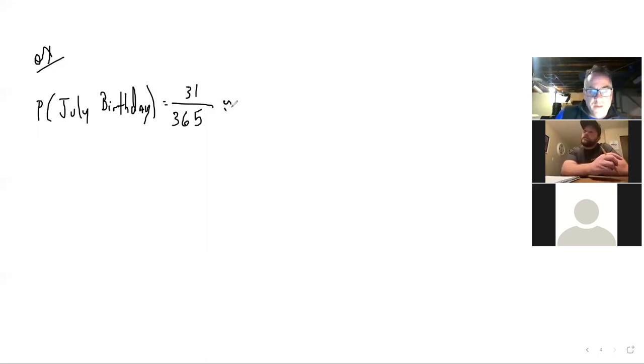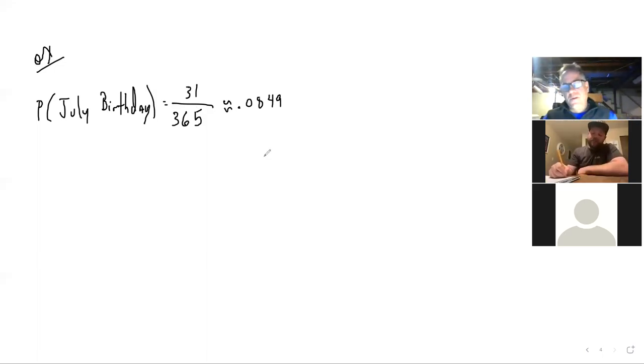Now, this one doesn't terminate easily, but rounding to 4 decimal places is 0.0849, which is a little bit more than 1/12. Okay.